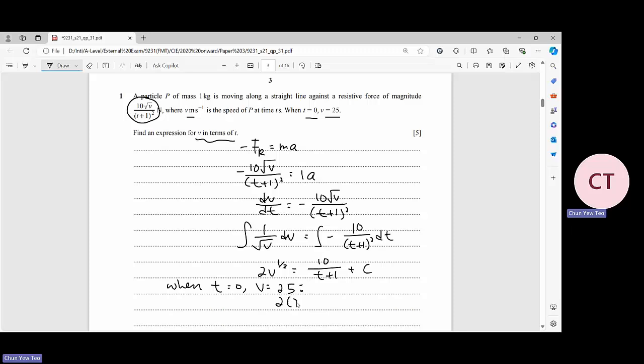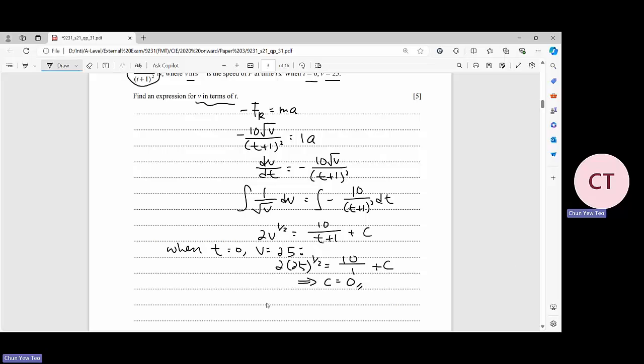So you have 2 times 25 to the power half is equal to 10 over (1) plus c. That will give you c as 0. Since c is 0, you just replace c equals 0 back into this equation.